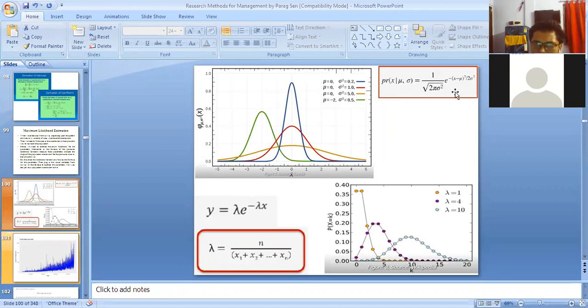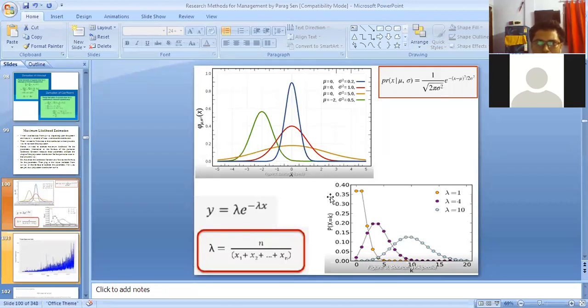For example, you can see here that mu is there, sigma is there. This is the expression for the normal distribution, and this is the log likelihood function, or the expression for the exponential distribution, where lambda is given. These mu, sigma, or here lambda, are known as the shape parameters.